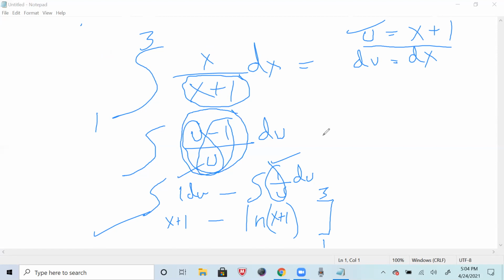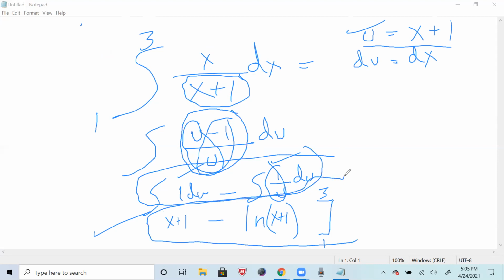If you change it back before the evaluation, in other words, I get to that step, but the final step is the evaluation down here, and I went back and resubstituted for u, and instead of u, I put in x plus 1. Gotcha. Because I resubstituted back and turned it back into a function of x, I can use the old limits of integration. Okay.